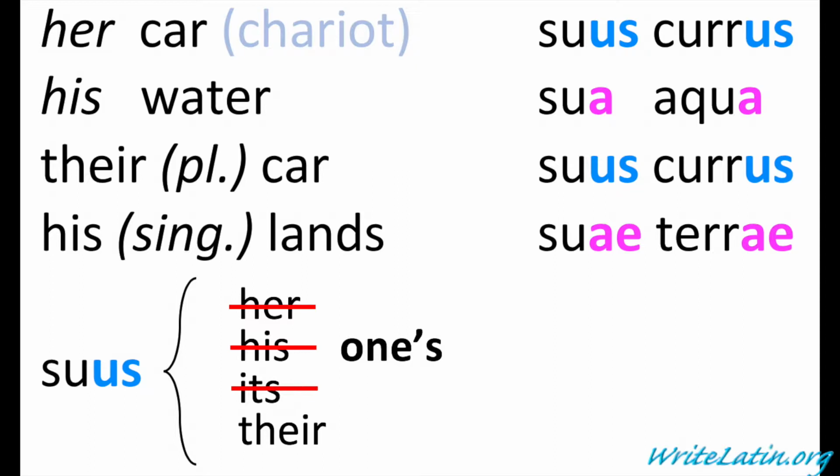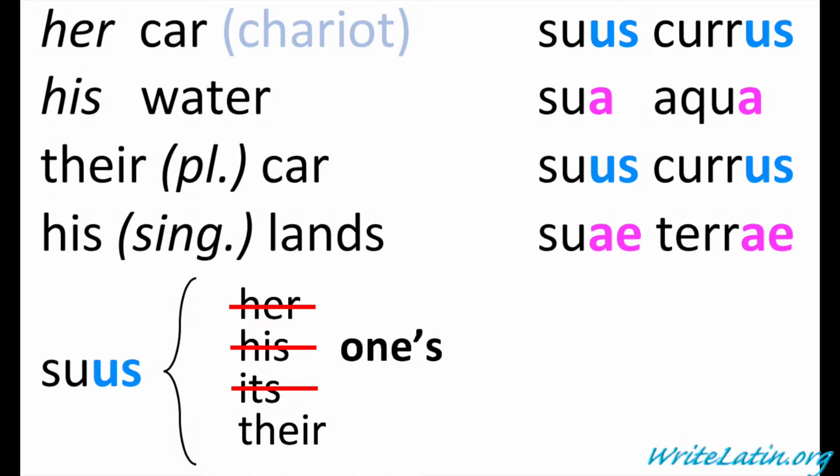Similarly, I can say his water, and it will be sua, simply because water is feminine. Likewise, I can say their car, and it will still be suus, even though the owners are plural. And I can say his lands, and it will still be plural, even though his is singular.